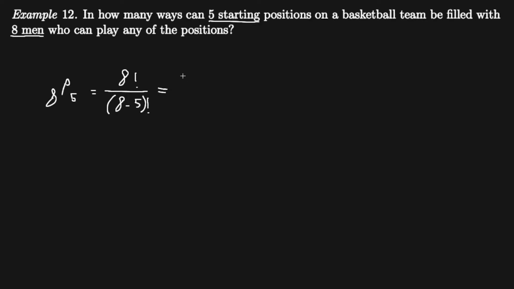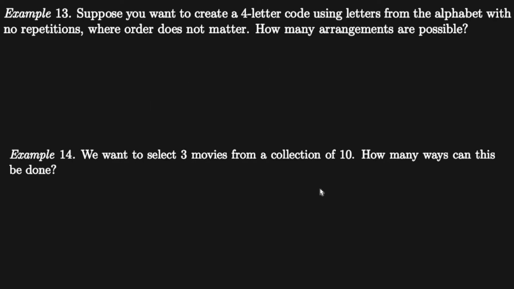If we do some algebra, we get 8 times 7 times 6 times 5 times 4 times 3 factorial, and on the denominator we have 8 minus 5, which is 3 factorial, and the 3 factorials get canceled out, which leaves us with the answer of 6,720 different ways.